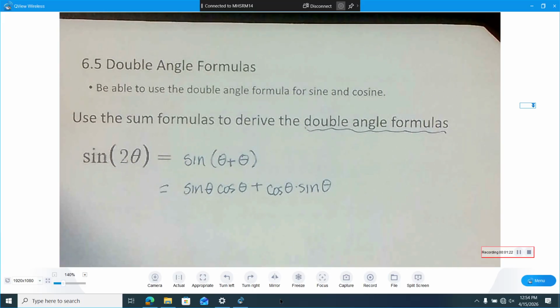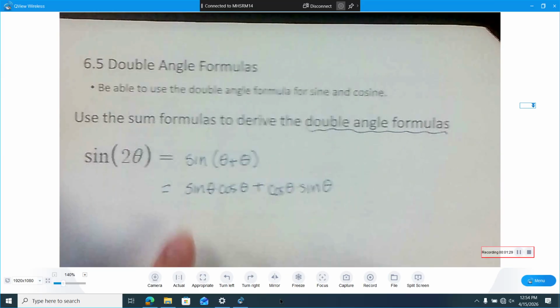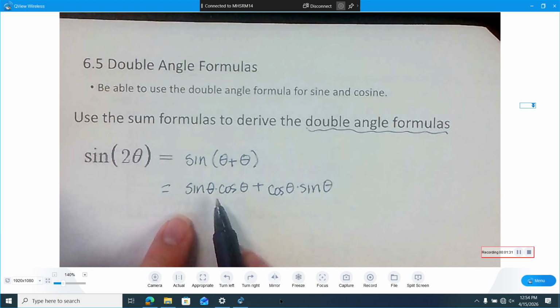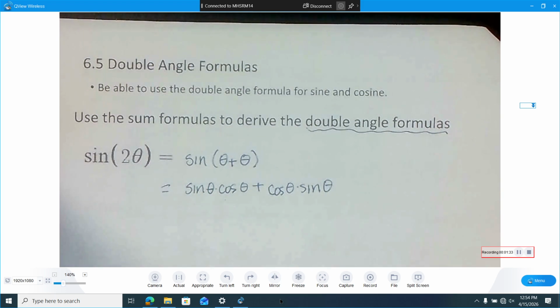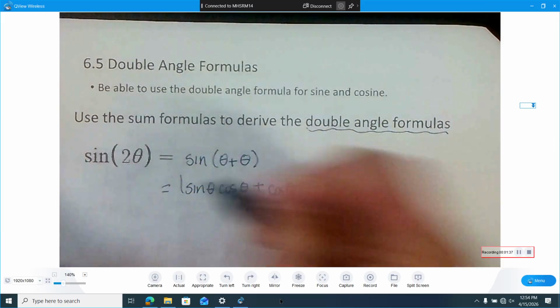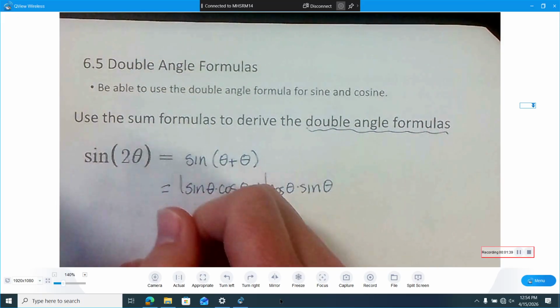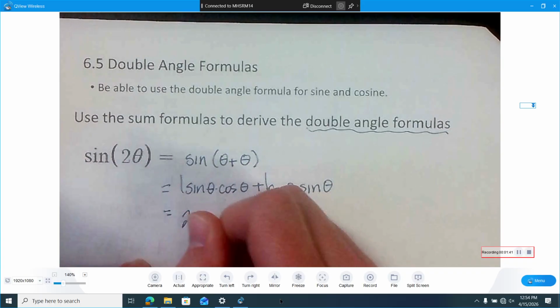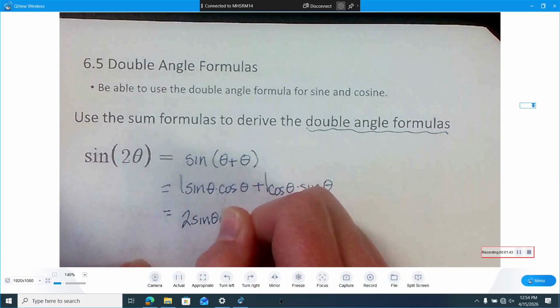And from here, well, these are interesting. Aren't they just the same thing? Yeah, sine times cosine, cosine times sine, the order is just flipped, but it's just multiplying. So 1 sine cosine plus 1 sine cosine is 2 sine theta cosine theta.